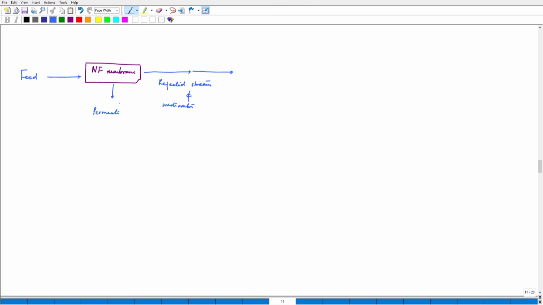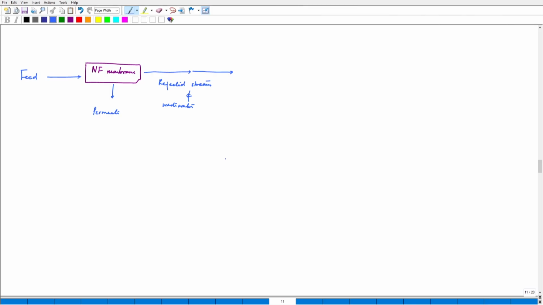So the nanofiltration membrane is generating two types of streams. After filtration, the reject of the nanofiltration membrane unit is basically released. That is being processed with organic solvents.